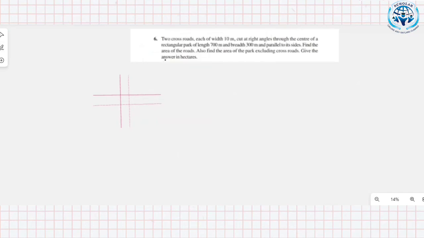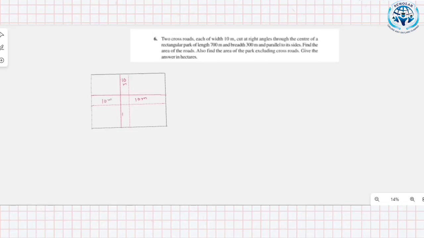You can see there is a common area in between the roads. When we find the area of the crossroads, we have to subtract this area because it is included in both the roads. We need to find out the area of the park excluding the crossroads also. Give the answer in hectares.